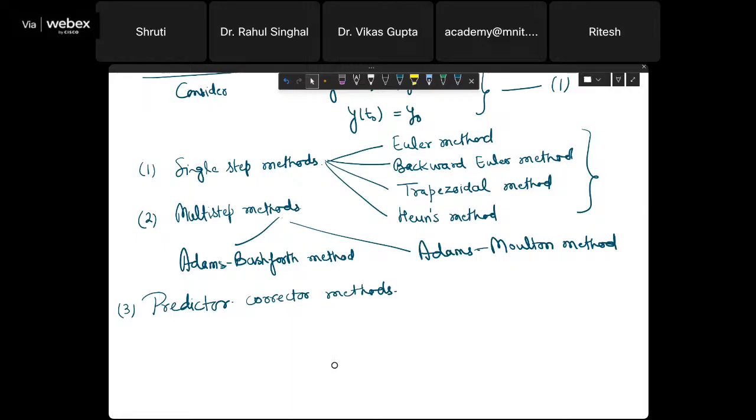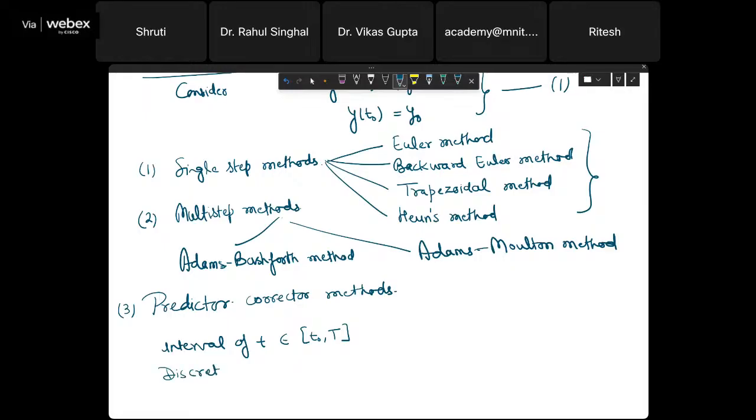Instead, the approximation of the actual solution y(t) will be obtained at the discrete points of the interval. So suppose here our interval for time t is t0 to T. Basically, we are looking for the solution over this interval. So what we'll do, we will first discretize it.